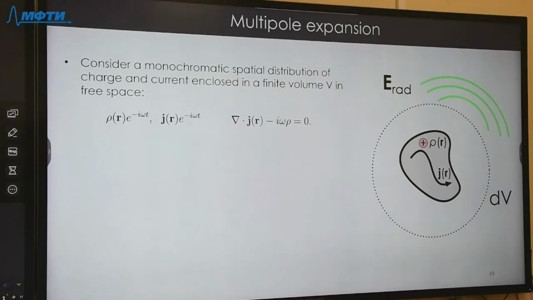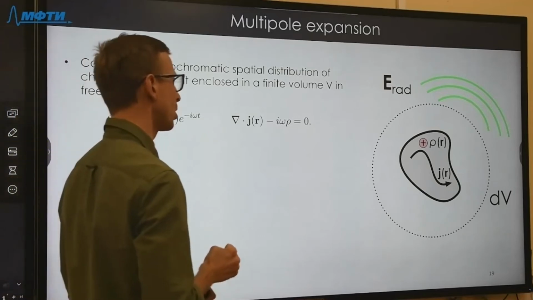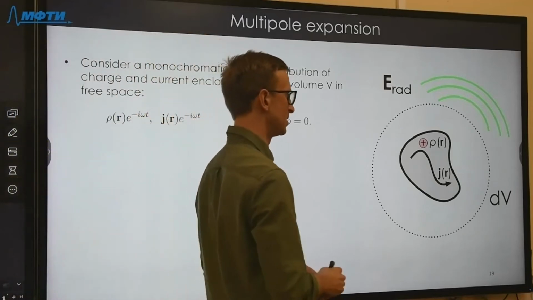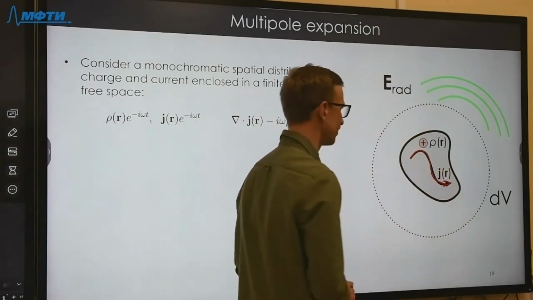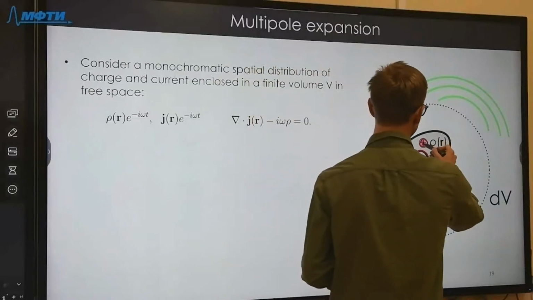Okay, so that was the electric Green's tensor, the magnetic Green's tensor, and also the fields of a point dipole. But we don't always have such simple sources. Sometimes sources of electromagnetic field are quite more complicated. These sources can be very complicated distributions of electric current density, and they also can have certain charges.